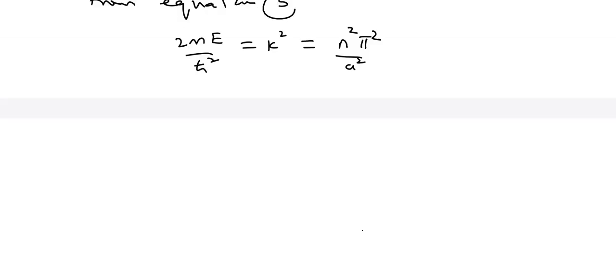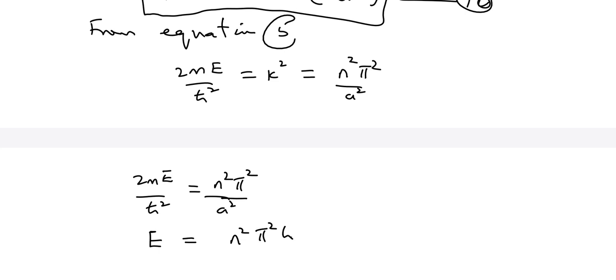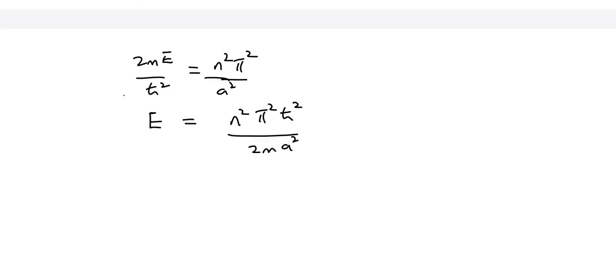So we have 2mE over h bar squared equals n squared pi squared over a squared. If you make E the subject of the formula, E equals n squared pi squared h bar squared over 2m a squared. So this is the energy again.